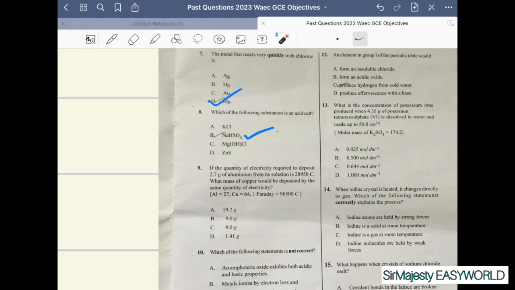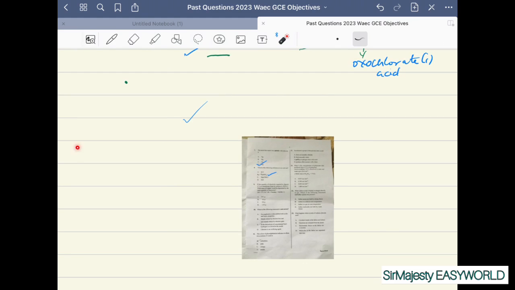Remember, acid salts are formed when there is insufficient base to neutralize the whole acid molecules during an acid-base neutralization reaction. But when there are excess base molecules than the acid, it gives us what we call the basic salts. You got that? So most reactions, like for the production of B, if you react sodium chloride with H2SO4, the first salt formed will automatically be the acid salt.